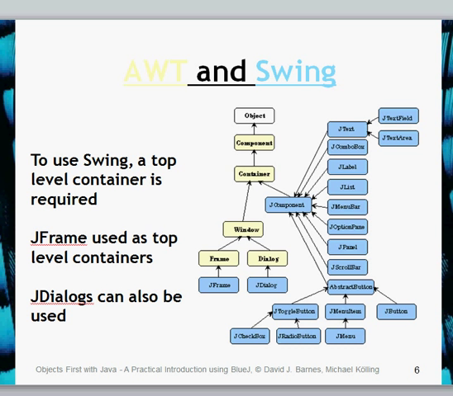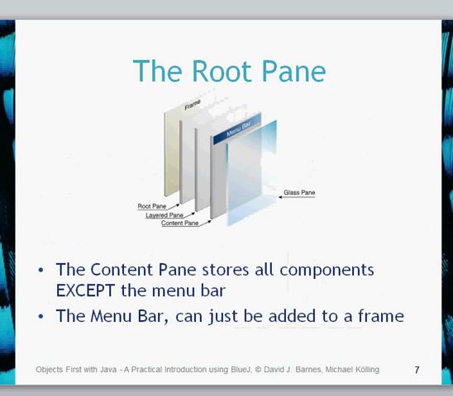So once you've got your JFrame and your main window, then you need to put things in it effectively. In order to do that, the way that Java does it is it uses what's called a content pane. Now, what the content pane does is you have a root pane for your particular JFrame, or for your frame, and within that there's a number of different panes.